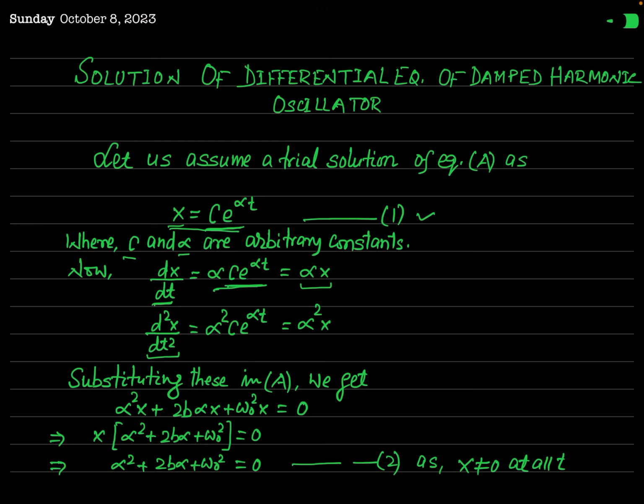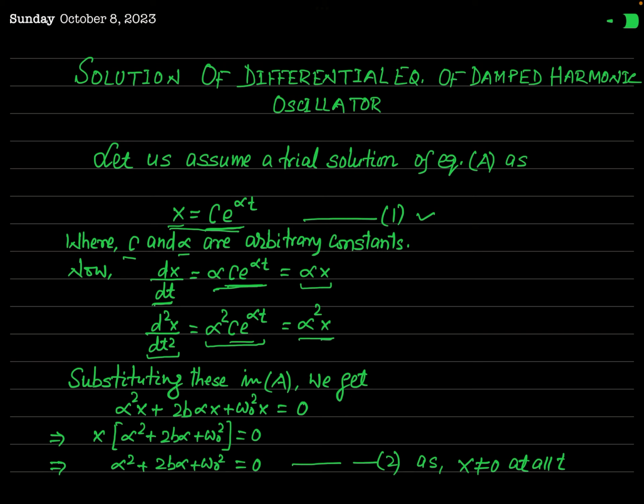And what will that be? Again the derivative of e to the power alpha t will be alpha times e to the power alpha t. So your result will be alpha square c e to the power alpha t. And again I have written x instead of this c times e to the power alpha t. So the second order derivative of x, that is d2x by dt square, is alpha square times x.